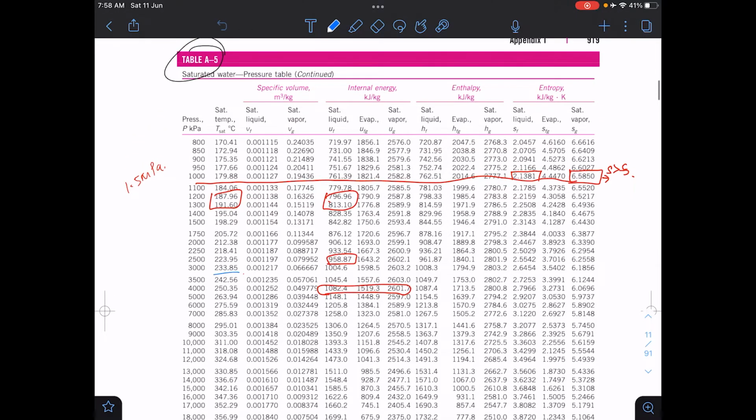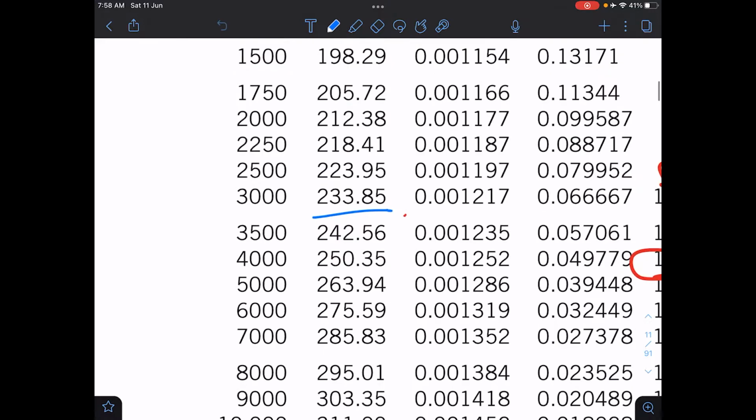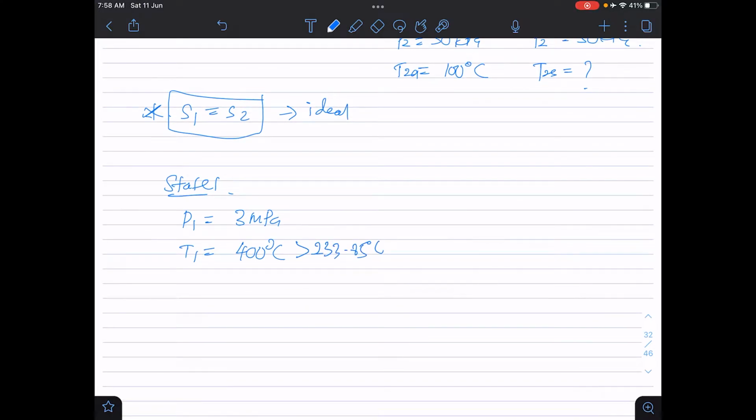First, in table A5, find 3 megapascal, here it is 3000 kPa. The corresponding saturation temperature is 233.85. When we compare this one, the given temperature is greater than T sat, which means that the state is superheated vapor.